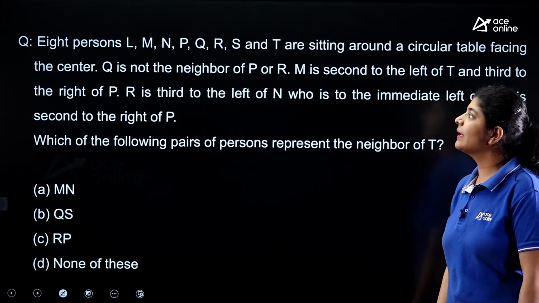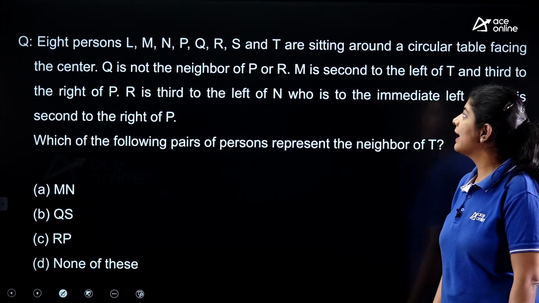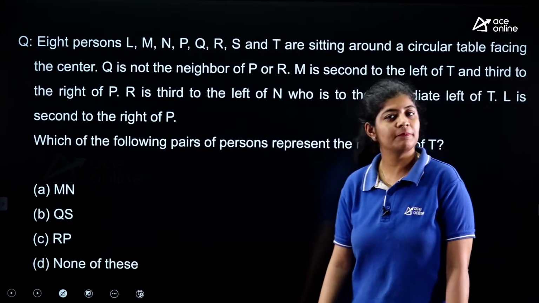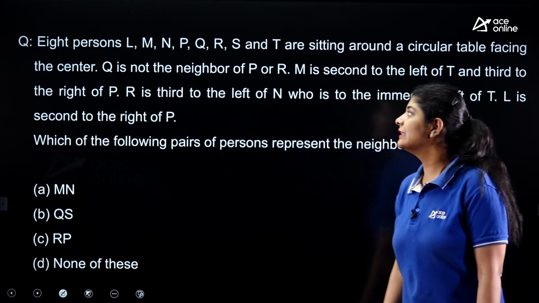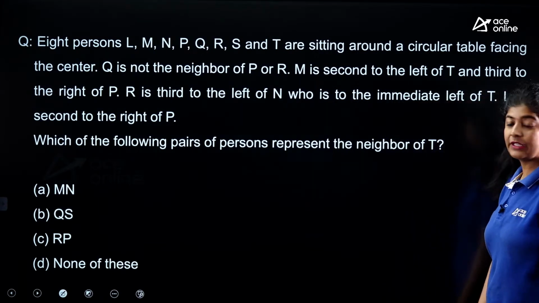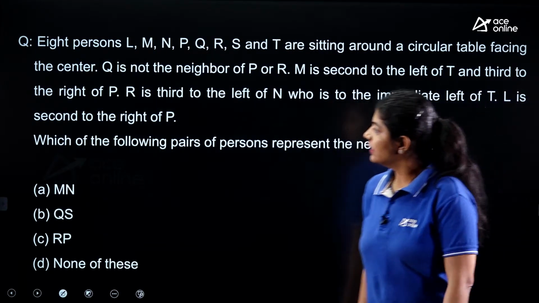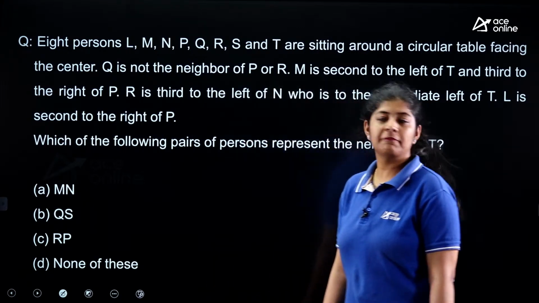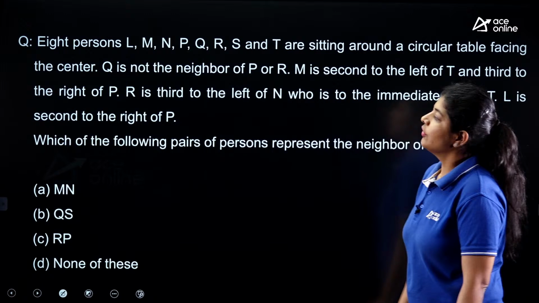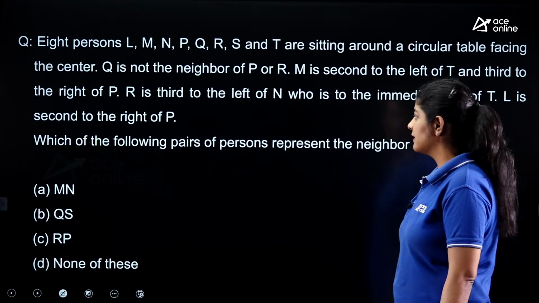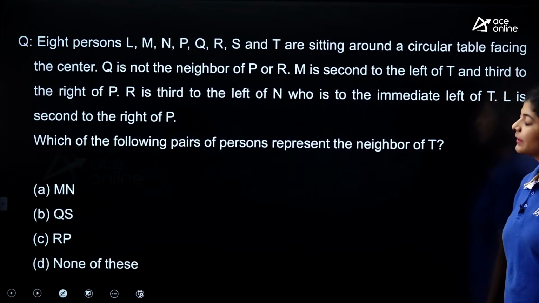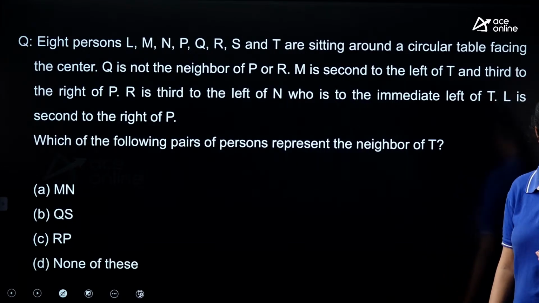Q is not the neighbor of P or R. M is second to the left of T and third to the right of P. R is third to the left of N, who is to the immediate left of T. L is second to the right of P. Now, on the basis of this data, I need to figure out which of the following pairs of persons represent the neighbors of T. We simply need to find out the neighbors of T.